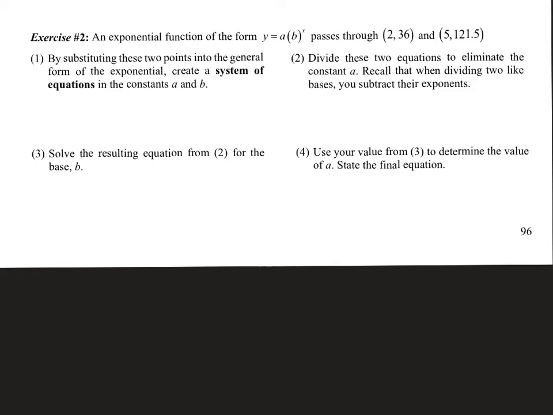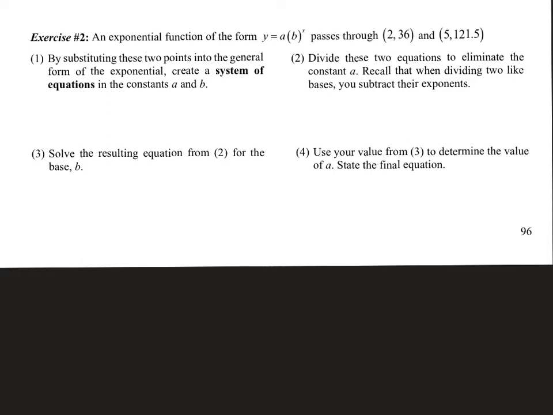And as far as the b, or the growth factor, it is kind of hard to figure out when you only have 2 points. If you were to graph these 2 points and connect them, you would probably make a straight line, right? And you could find the equation of a straight line, but it's an exponential. So we're lacking some information here, which makes it a little bit more difficult.